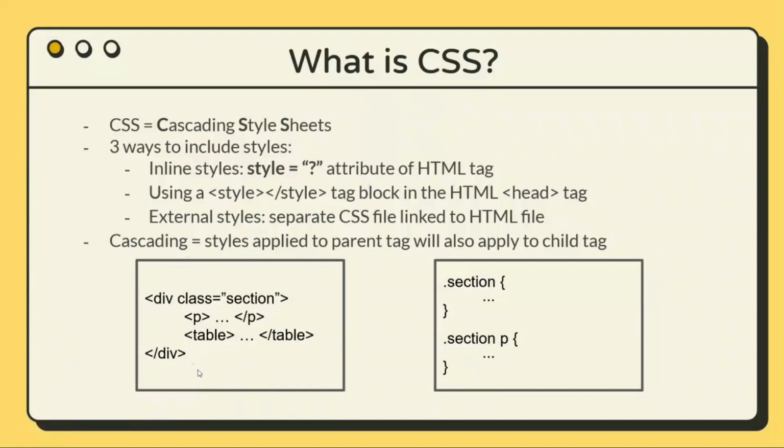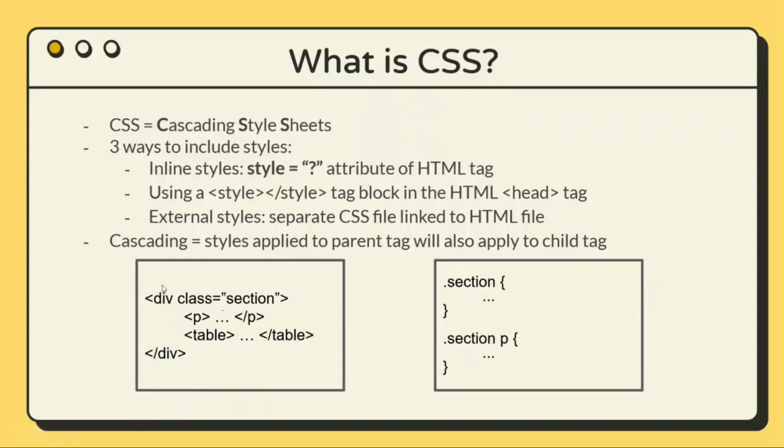The box on the left here is an example of HTML code where, and I didn't really show this in the other example, you can create sections of your content using semantic tags such as div tags, for a divided section, or header.